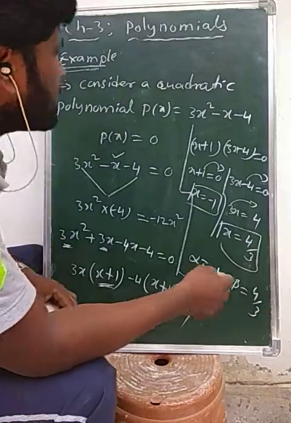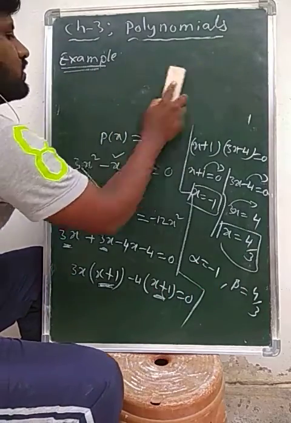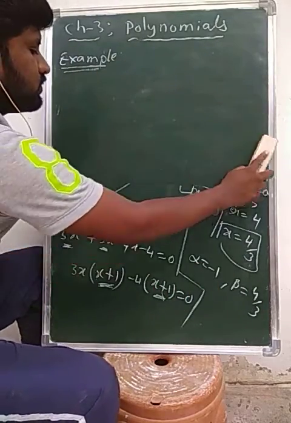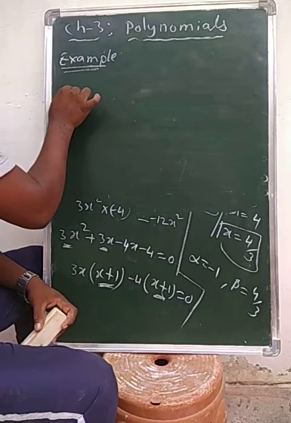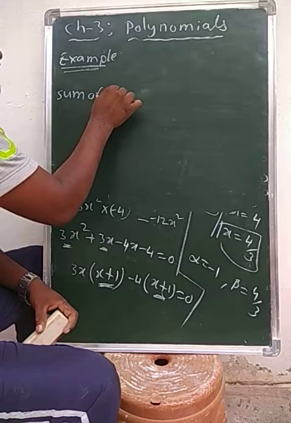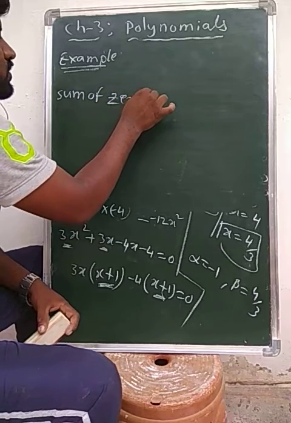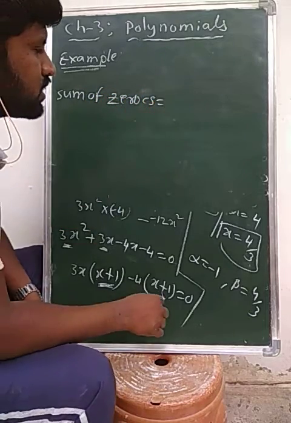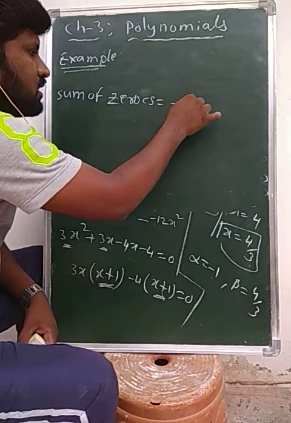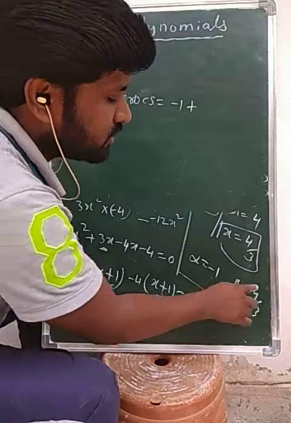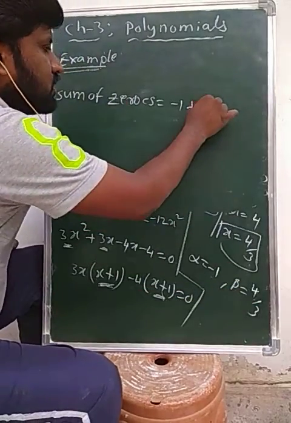Now let us add these two, sum of zeros. Sum of zeros means one of the zeros, minus 1, plus the other zero, 4 by 3.